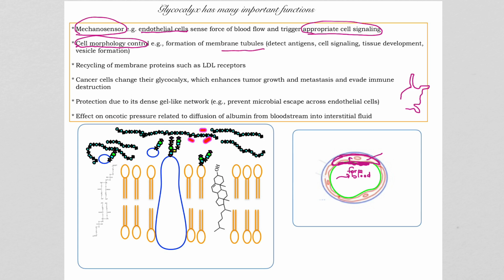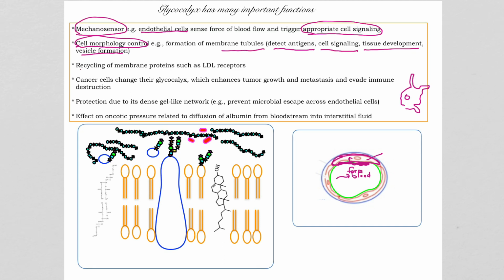And these tubules are very important, play a lot of roles. For example, they help detect antigens in certain immune cells. They are very important in cell signaling, in tissue development, and in formation of vesicles in the cell.